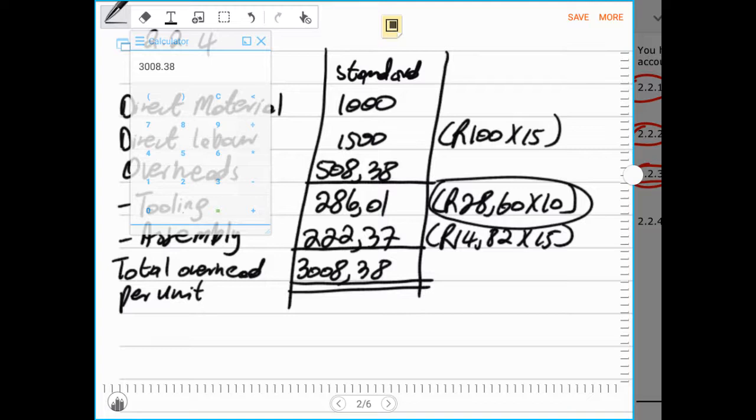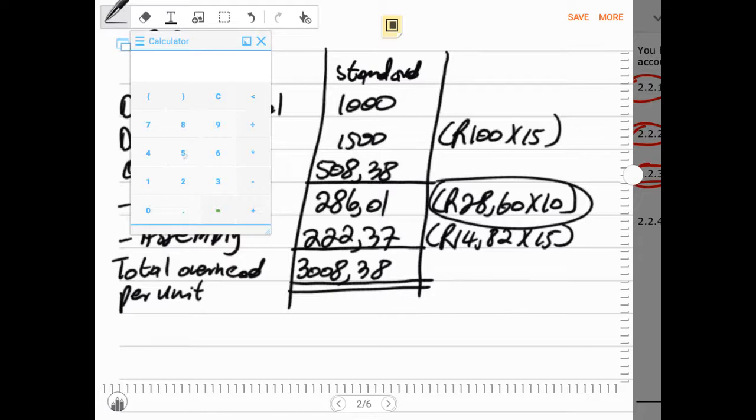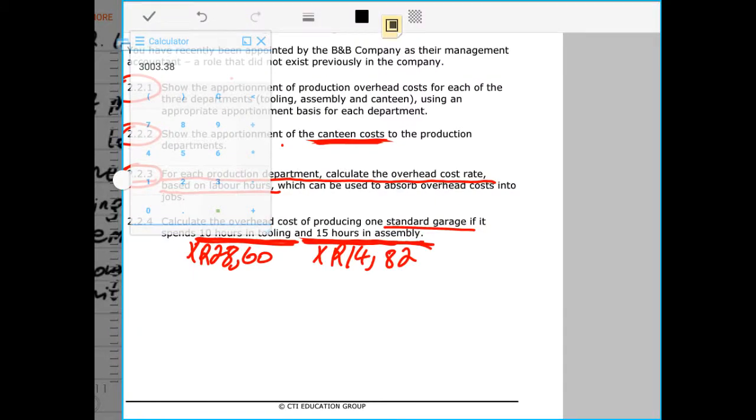It will be 508.38 plus 1,000 plus 1,500. Okay, 3,008.38.